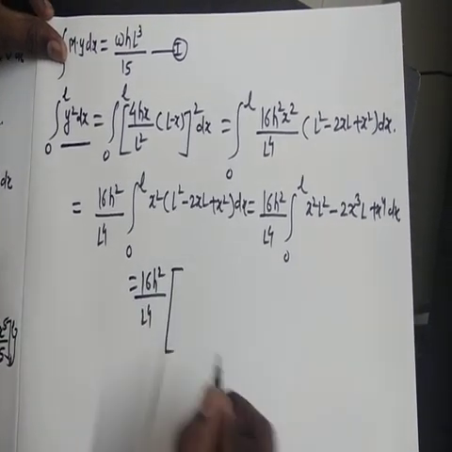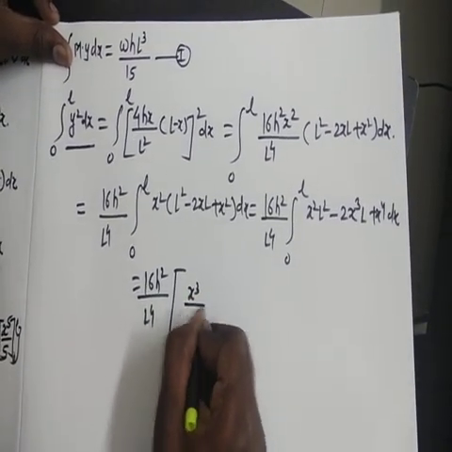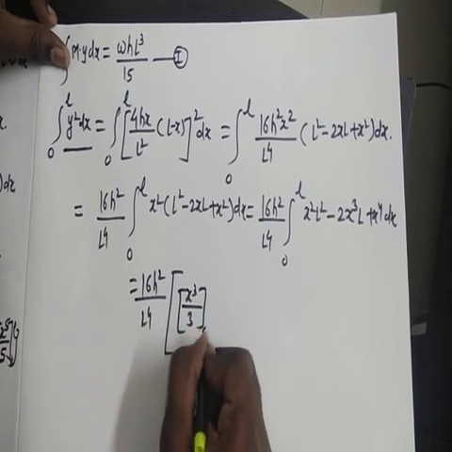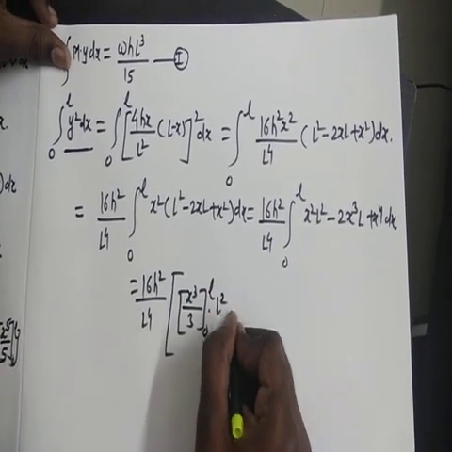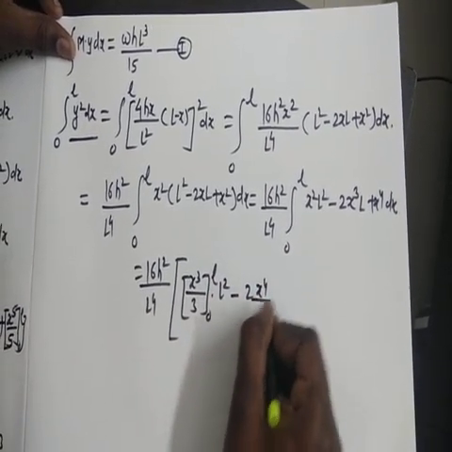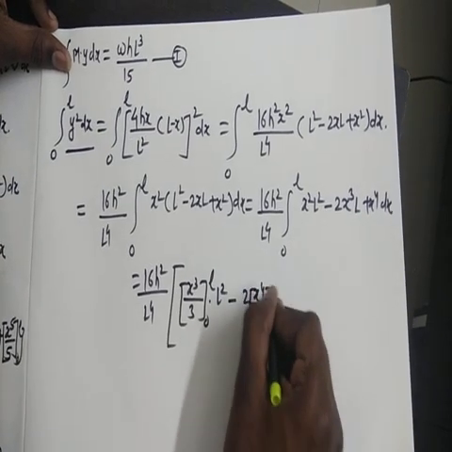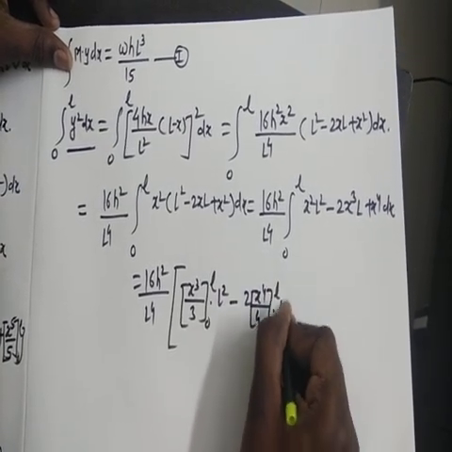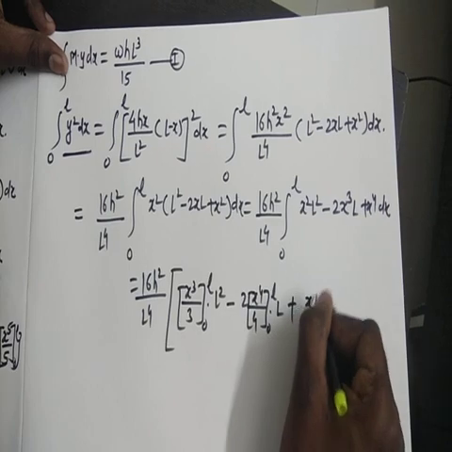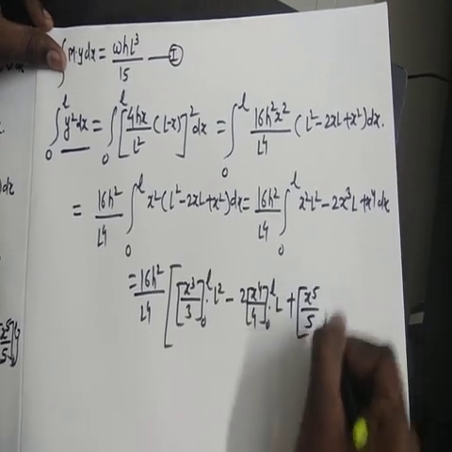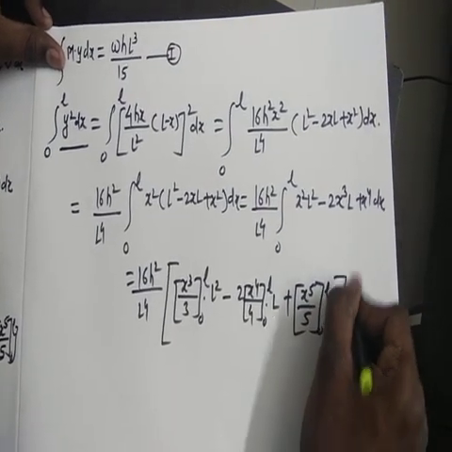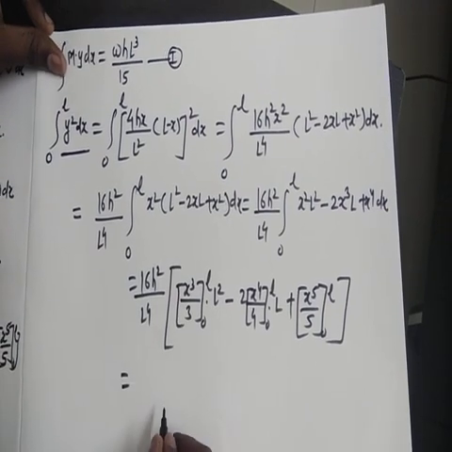Now perform the integration, so that will be x cube by 3, put the limit 0 to L, into L square, minus 2 x raised to 4 by 4, put the limit 0 to L, into L, plus x raised to 5 by 5. Now same thing we have to repeat as that of the previous derivation.